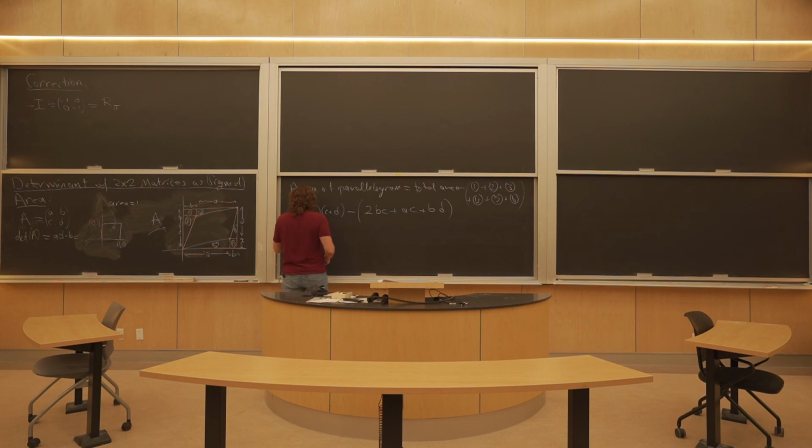So now I have ac plus ad plus bc plus bd minus 2bc minus ac minus bd. This cancels out with this. This cancels out with this. And I have bc minus 2bc, which means that I have minus bc at the end.